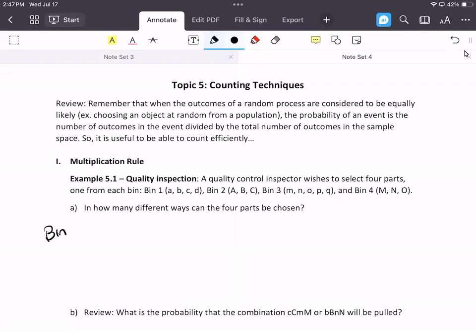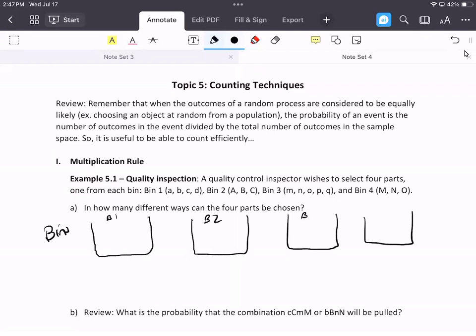If we've got 4 bins, let's call this B1 for bin 1, and then bin 2, bin 3, and bin 4. In bin 1, we're going to have the options a, b, c, and d.